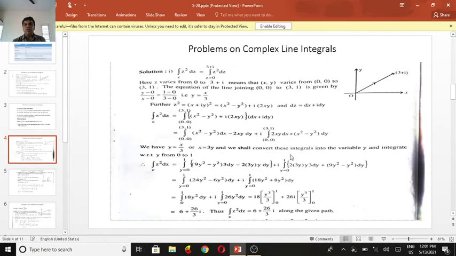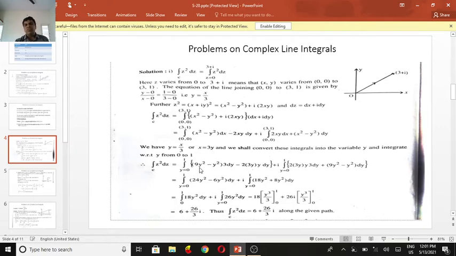Now we shall convert all this integral into the variable y, with y varying from 0 to 1. Replace x by 3y.